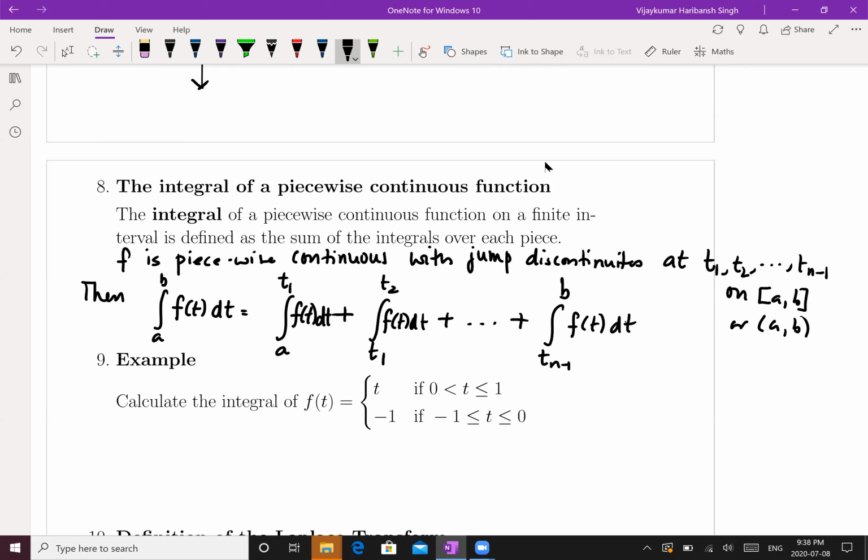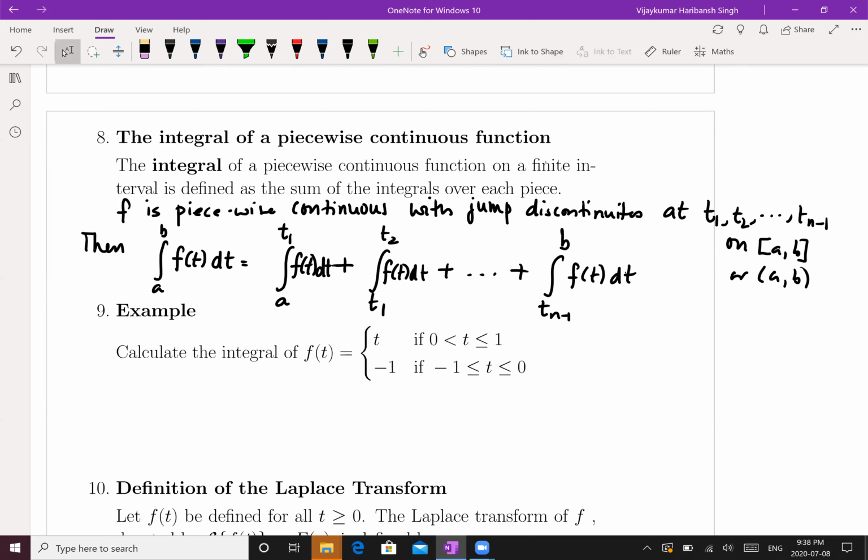Okay. So for example, let's compute the integral of the following function. First of all, note that it is a piecewise continuous function. Therefore, the integral from -1 to 1 of f of t dt is going to be the integral from -1 to 0 of f of t dt plus the integral from 0 to 1 of f of t dt.